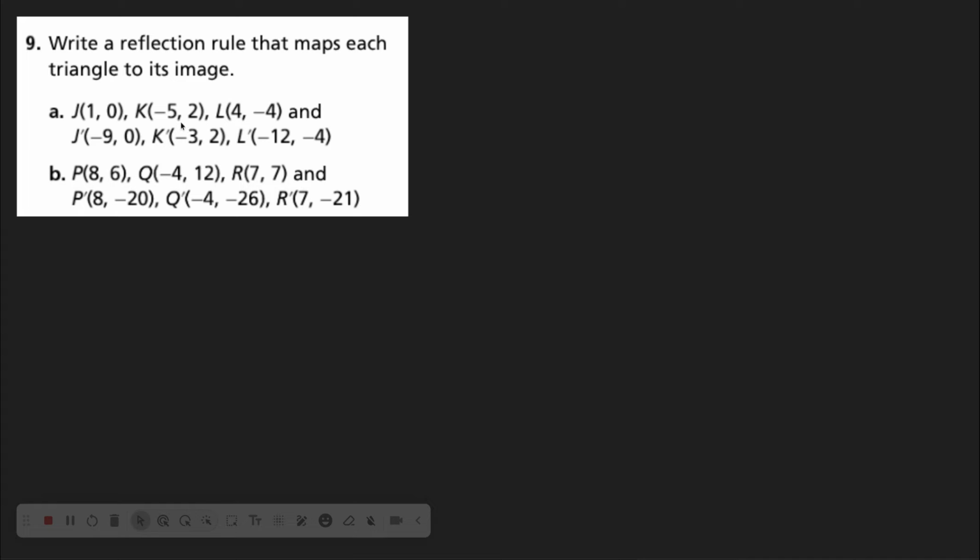Left 10, right 2. I think I am going to need a picture for this one. So let's take a look. I legit do not know what the answer to number 9A is. So this is what I would expect you to do. When in doubt, make a picture of it. J is 1 comma 0. And K is negative 5 comma 2.